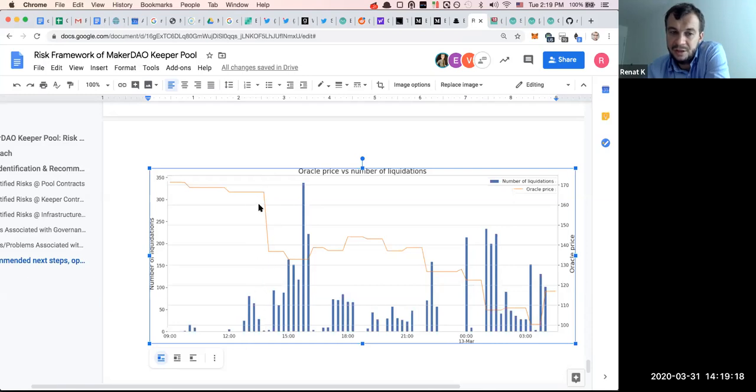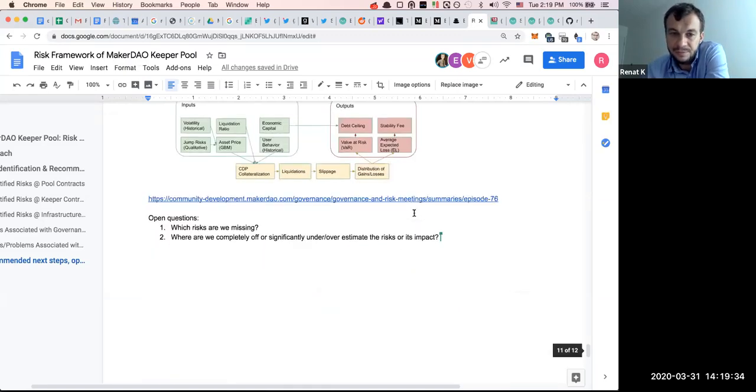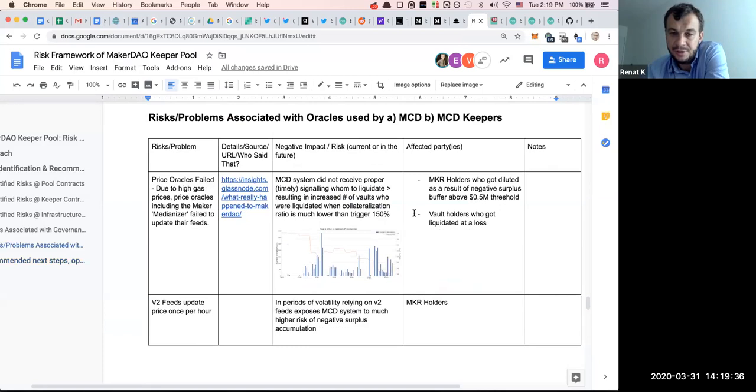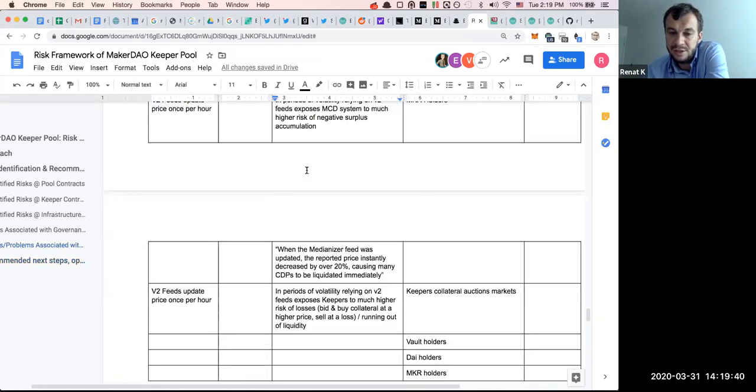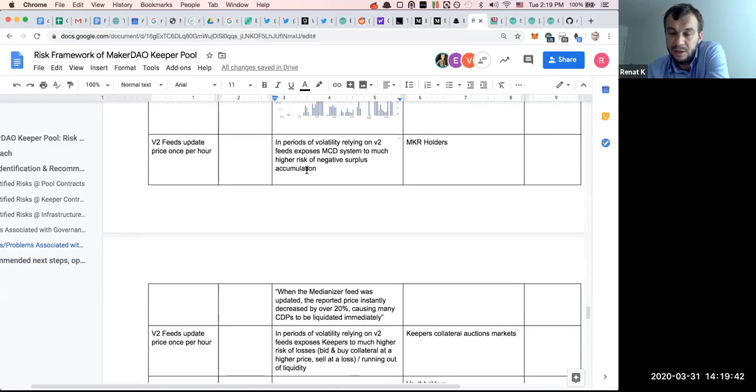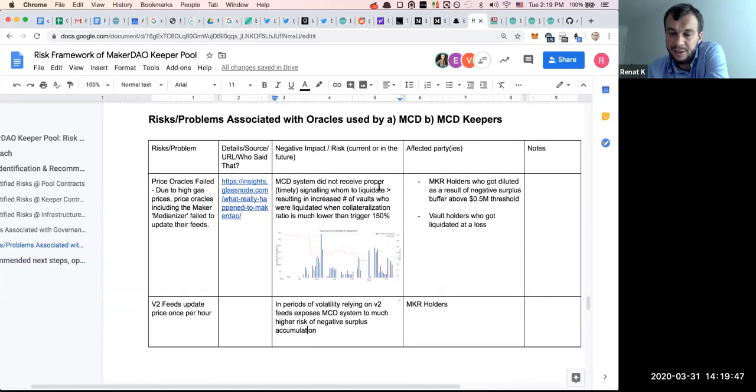And because there will be more and more assets which change price in a different way than ETH, this problem will become greater. The question is, are there any issues that you're seeing with price feeds that we should know about? Not even if the MCD is the affected party, right?